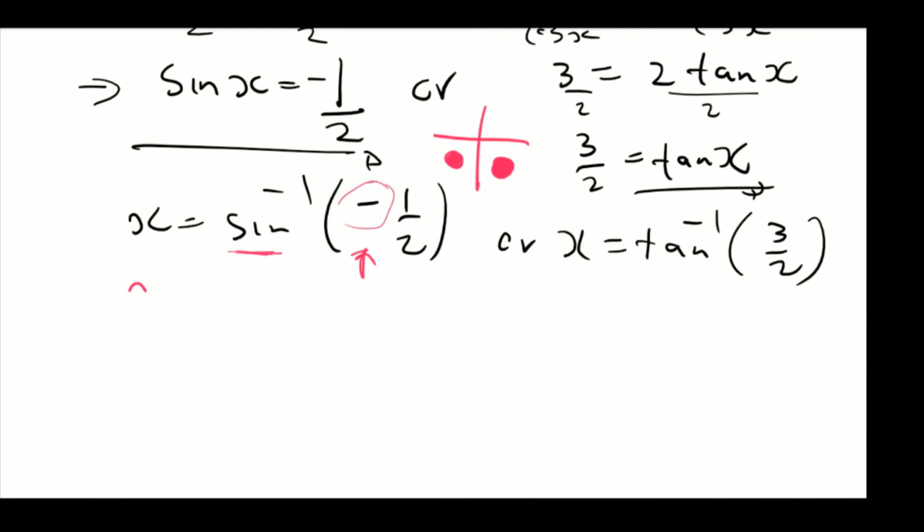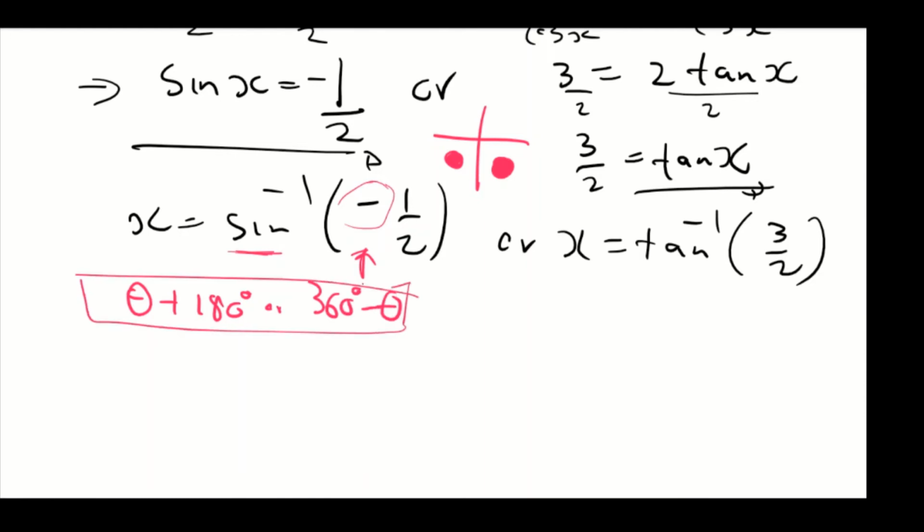What do I mean by that? Theta plus 180 degrees is what you're going to use, or you're going to use 360 degrees minus theta. So these are the angles you're going to use for this expression, because that's where your sine is negative, right?